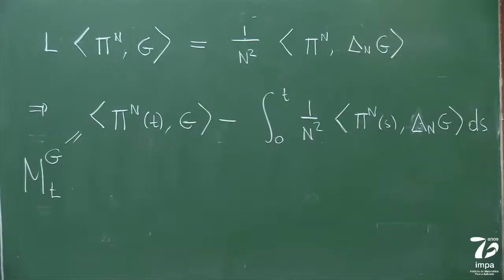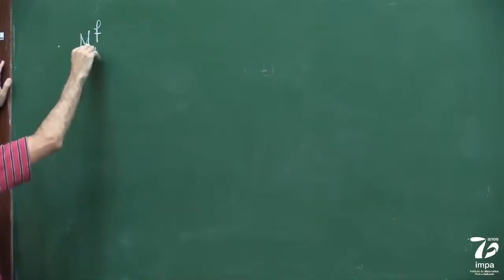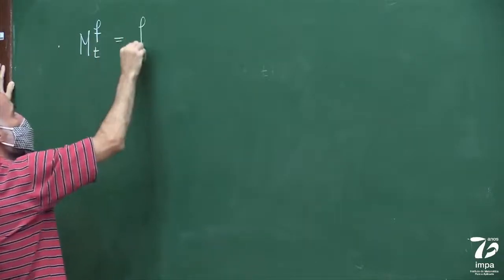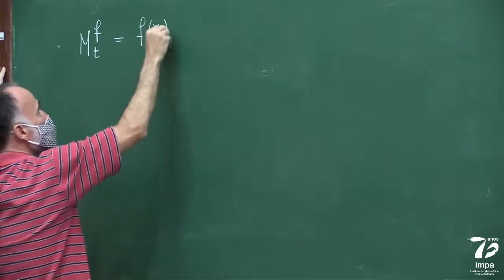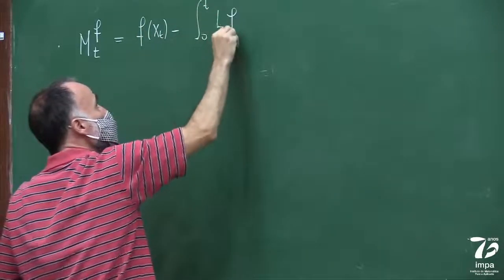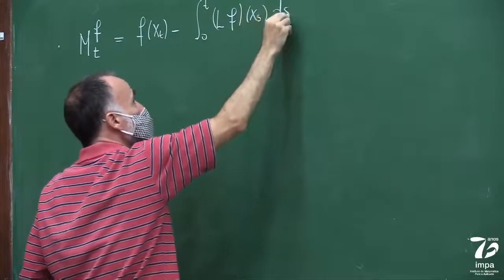So remember that if I consider a function f, this is a martingale: f of x t minus the integral from 0 to t of L f of x s ds.